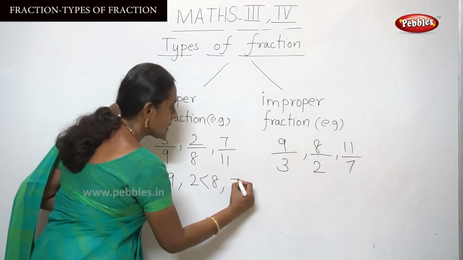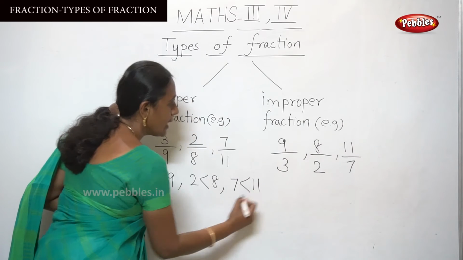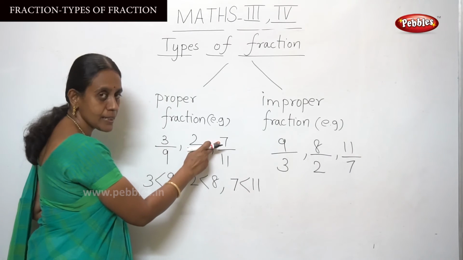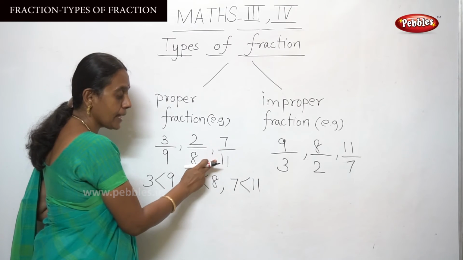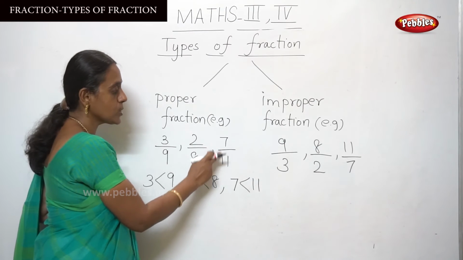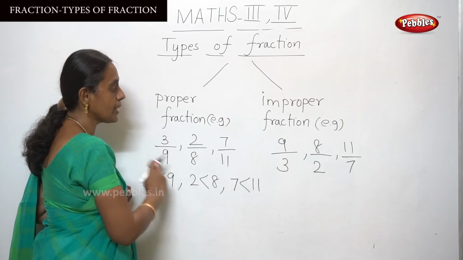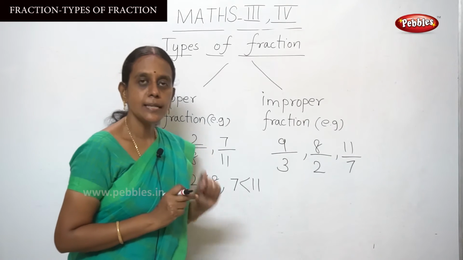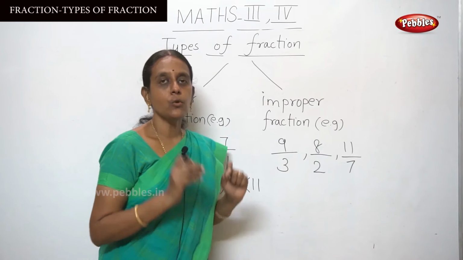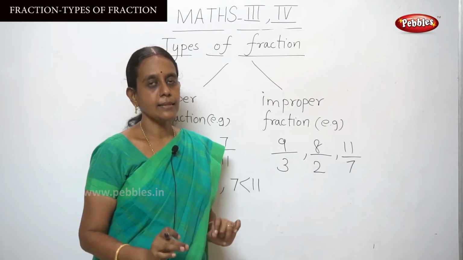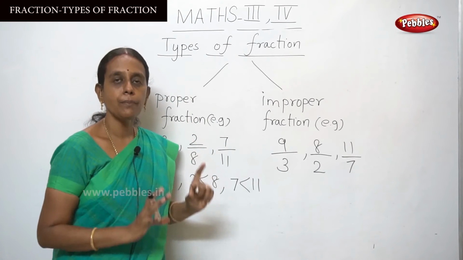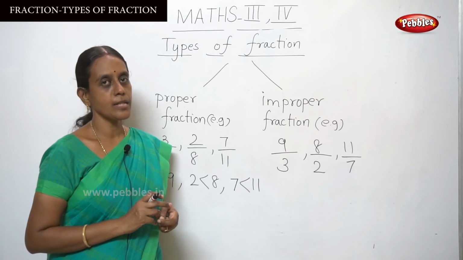Here 7 is lesser than 11, 11 is the bigger one. So all these fractions are called proper fractions. Do you understand the terms? If the numerator is lesser than the denominator, the fraction is called a proper fraction. Do you understand, children?